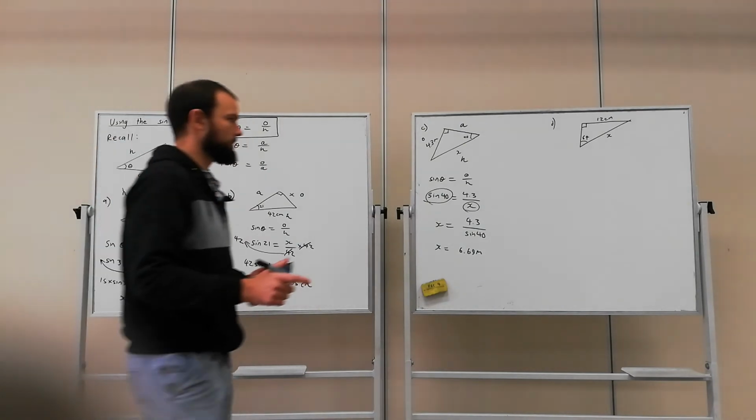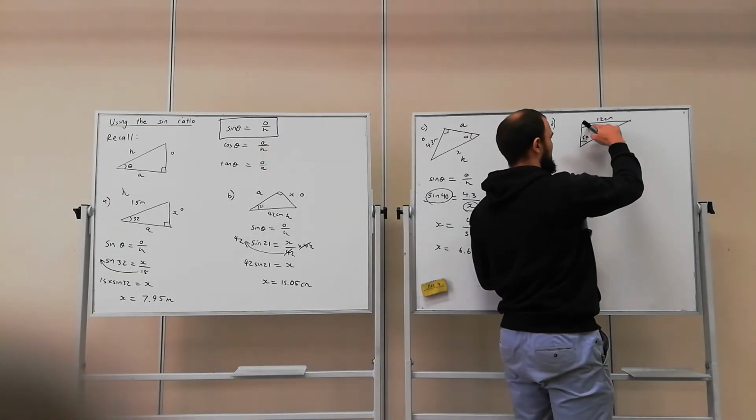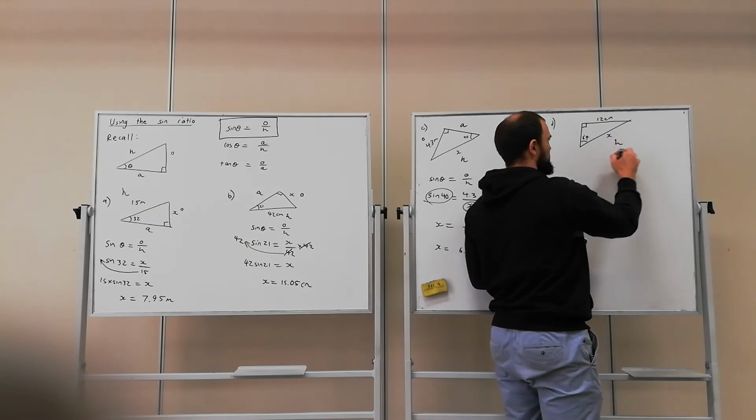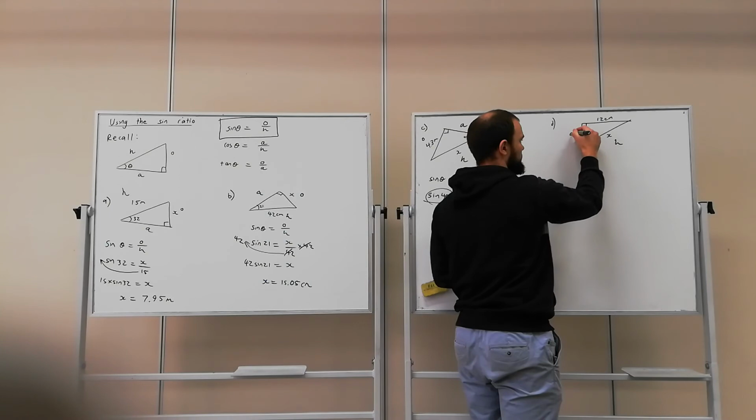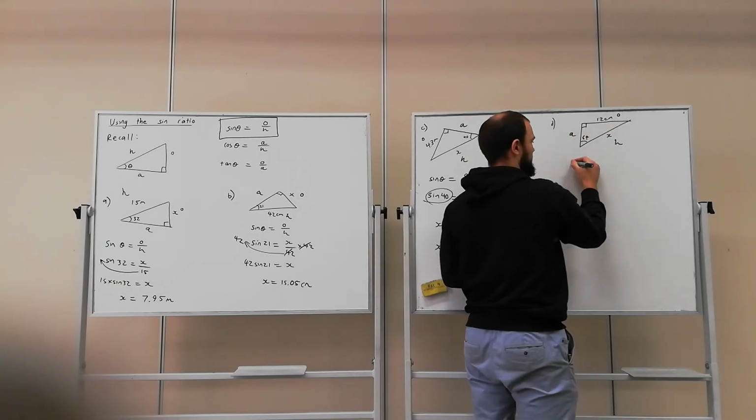Okay, last example. Label the triangle. Here's our right angle, so that means we've got H here. Here's our adjacent side connecting those two angles, which means this is our opposite side.